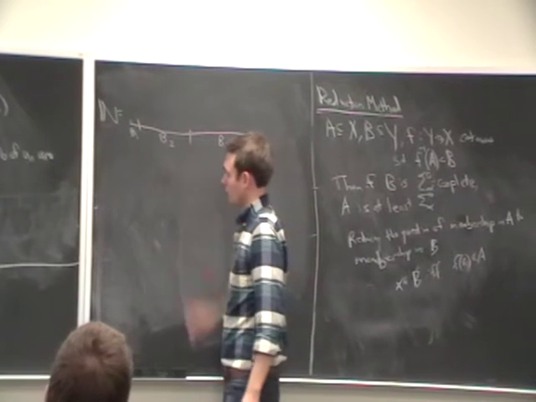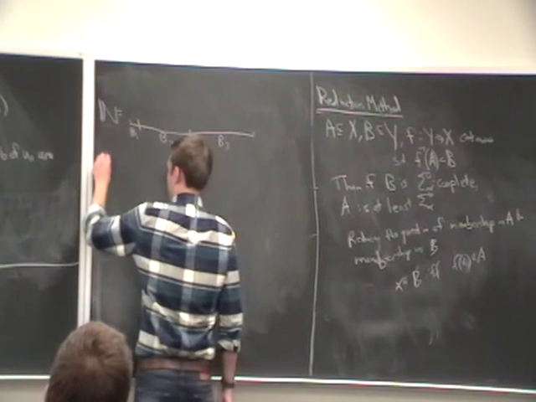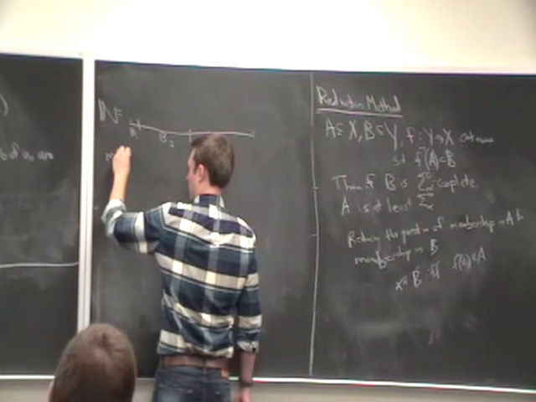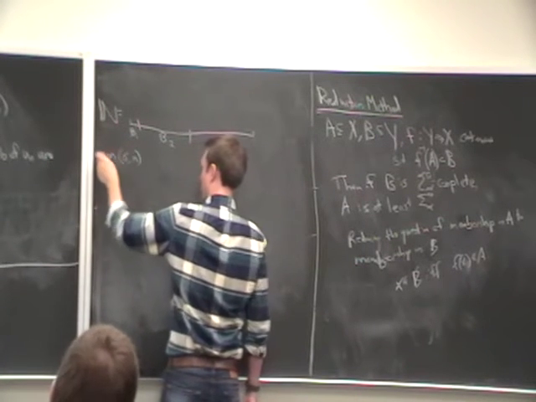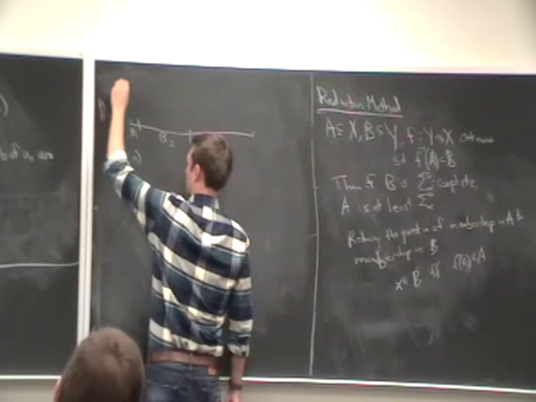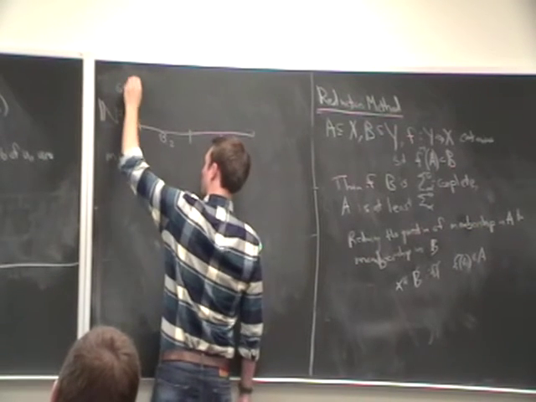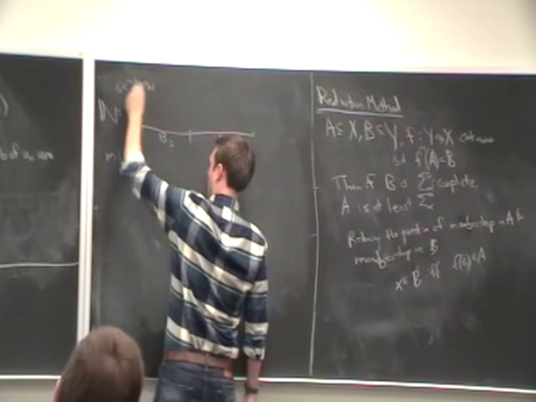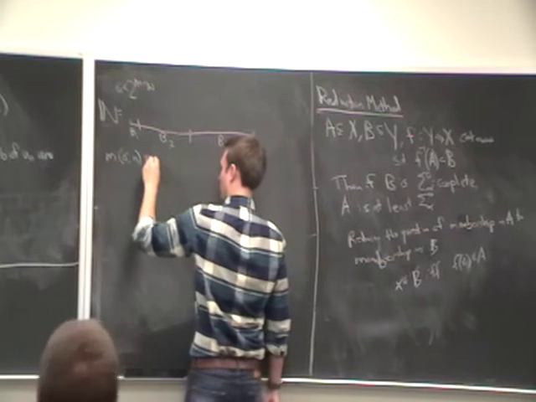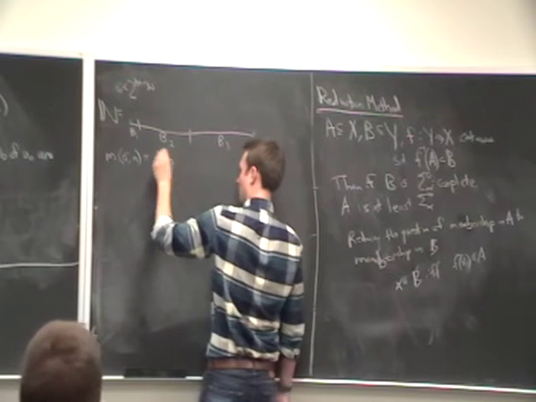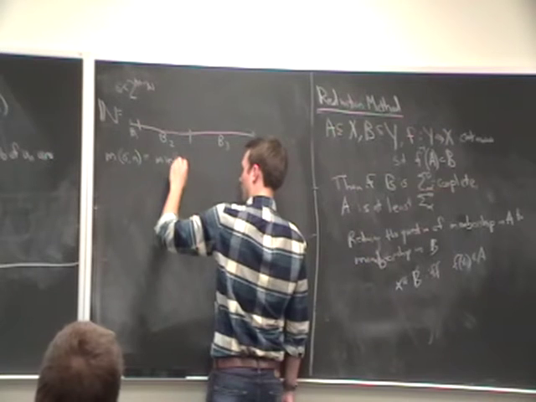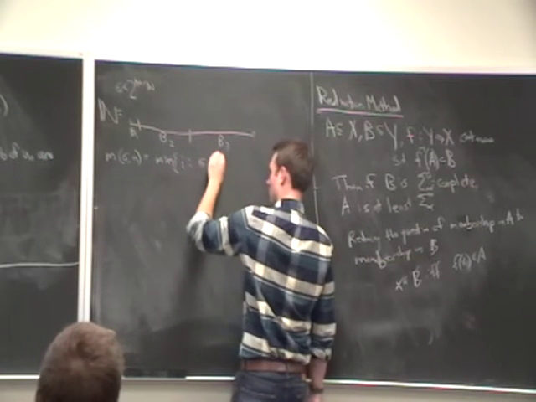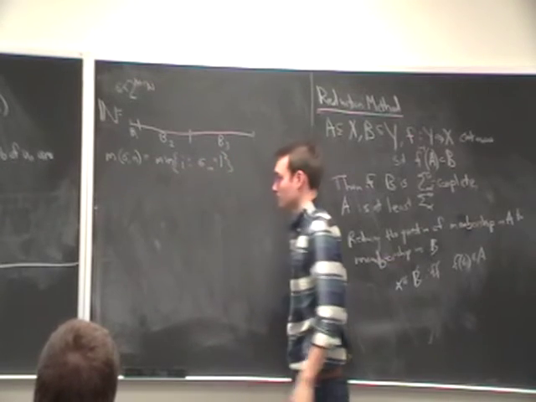Additionally, define the function m of sigma, n for some sigma in 2 to the N cross N to be equal to the minimum i such that sigma(i, n) is equal to 1.